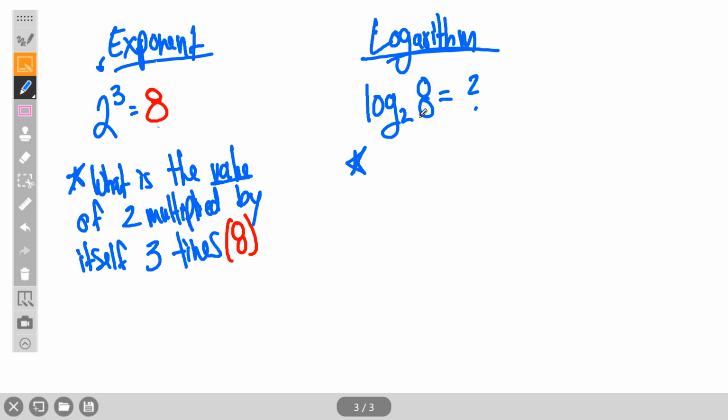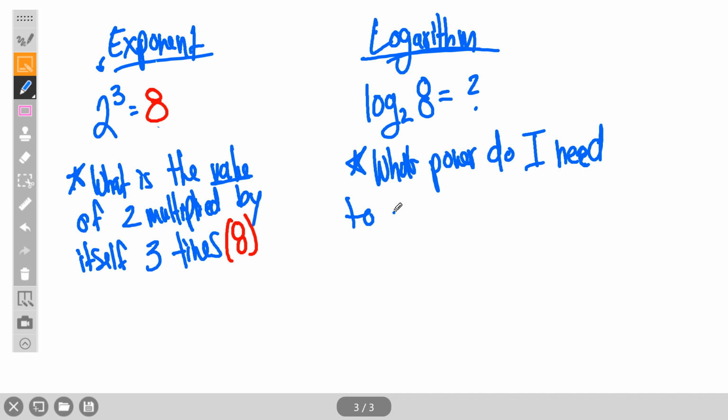Well, this asks a similar question to what the exponent asked, but it's a little bit different. What this says is, what power do I need to raise 2 to get 8?